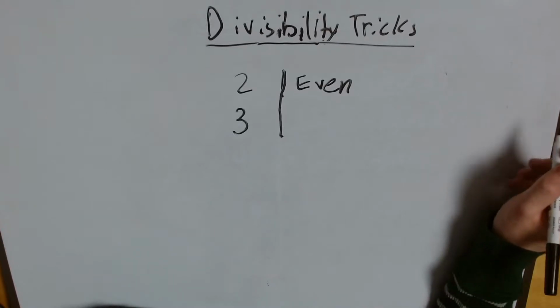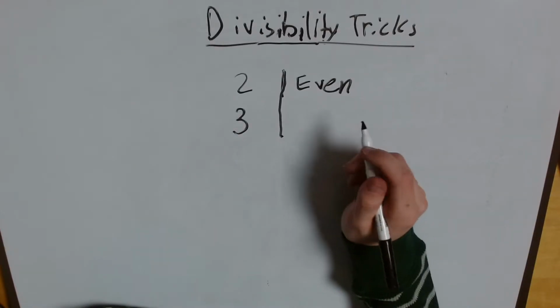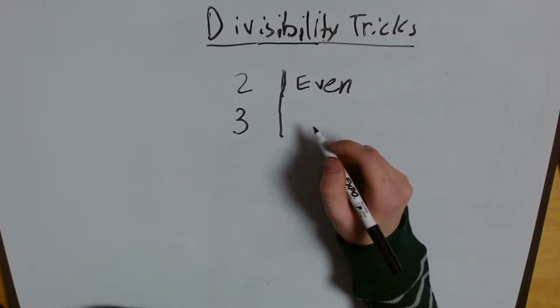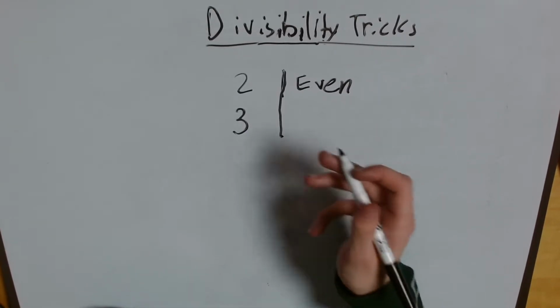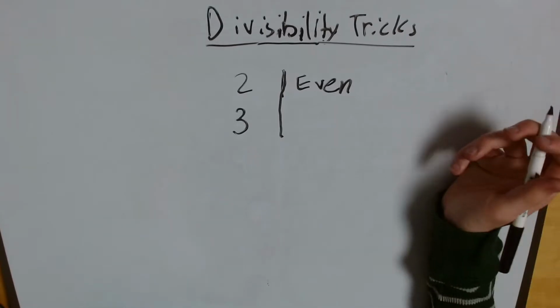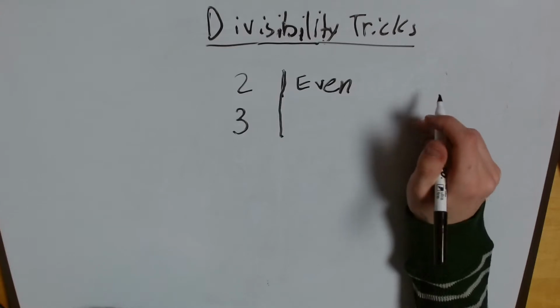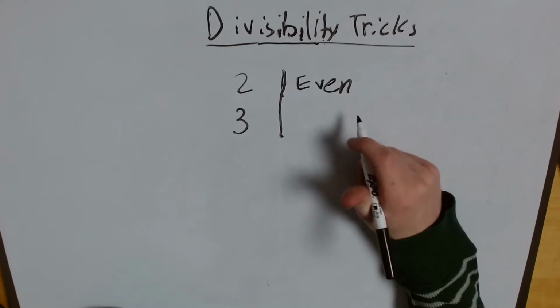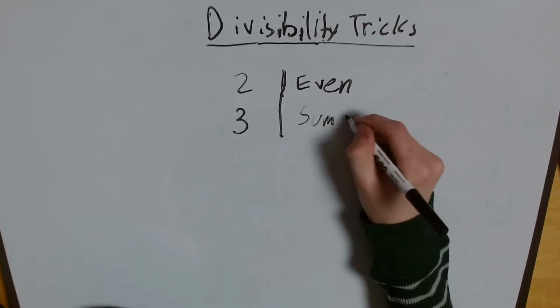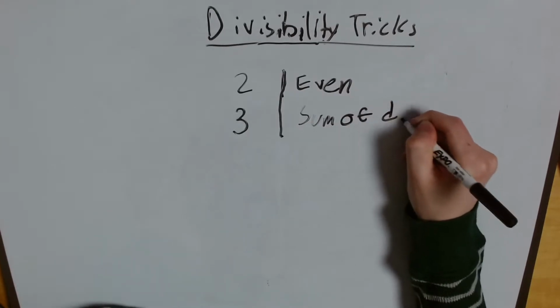If the sum of the digits in a number is divisible by 3, then that number is divisible by 3. So for example, 27: 2 plus 7 is 9, which is divisible by 3. So that means 27 itself is divisible by 3, which we can check it is. It's 9 times 3. So, sum of digits.